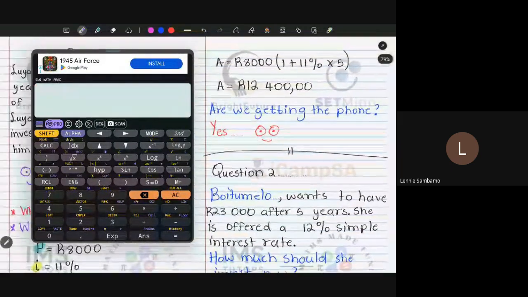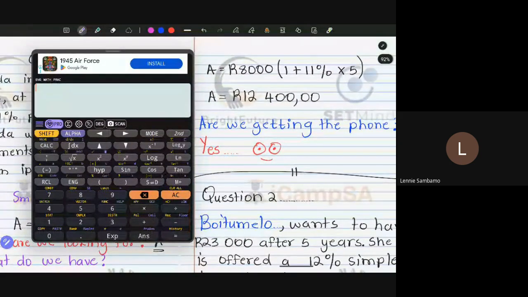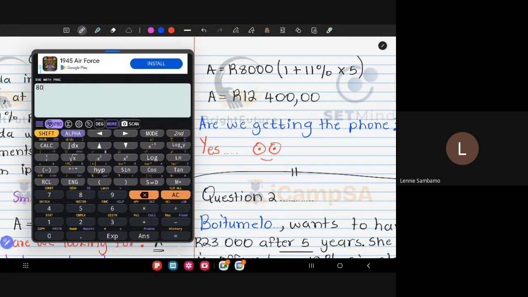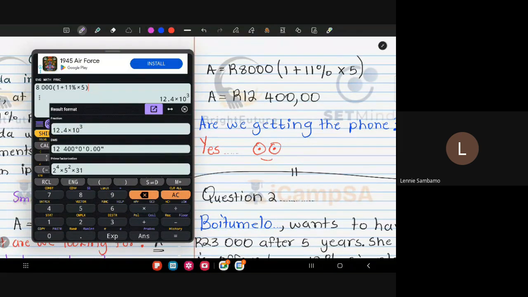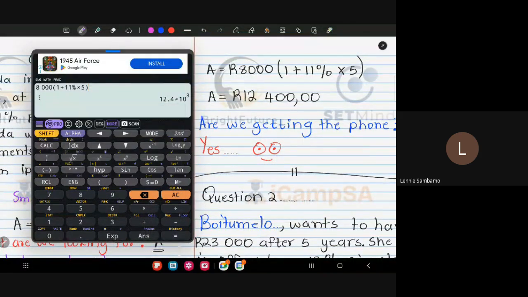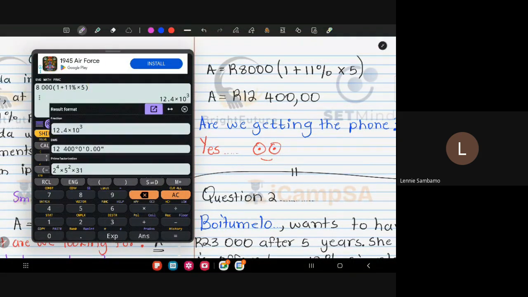You see here at the top of our screen, we did that calculation, 8,000 multiplied by, in brackets, 1 plus 11. My calculator has a percent option, and then I put in the 5. If you look carefully, the answer which I get is 12,400.